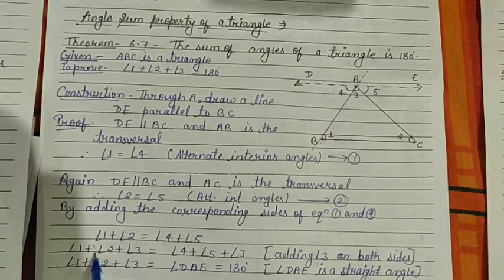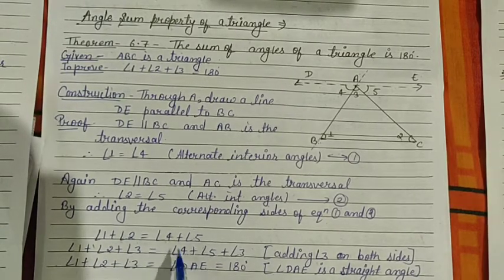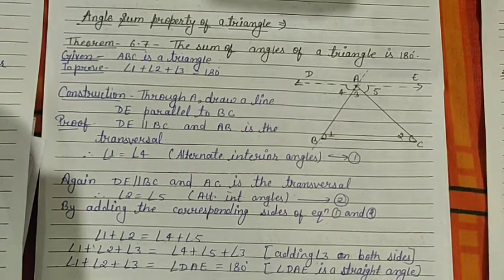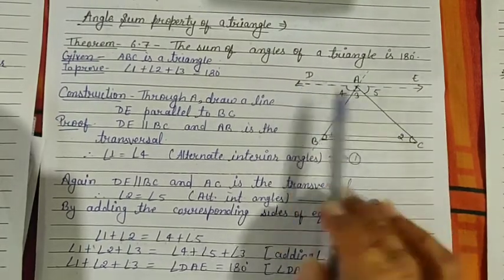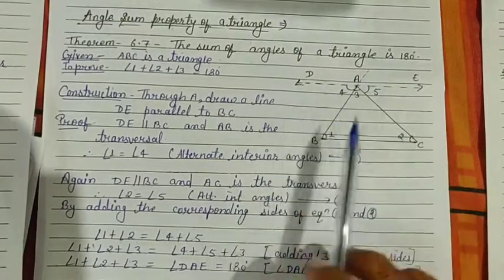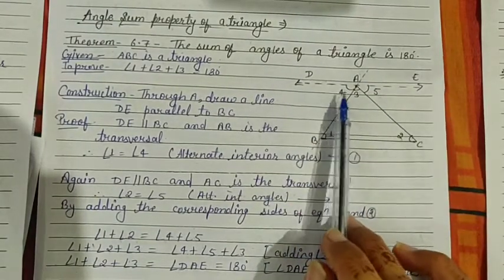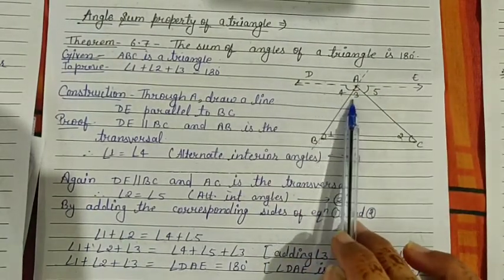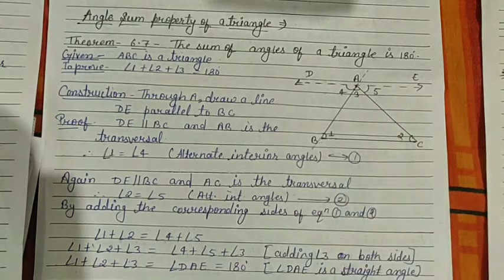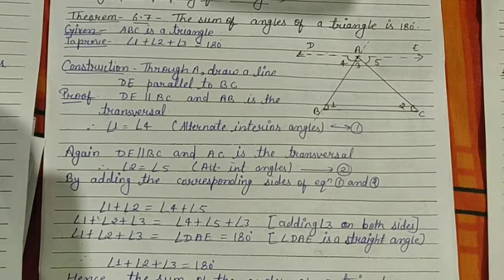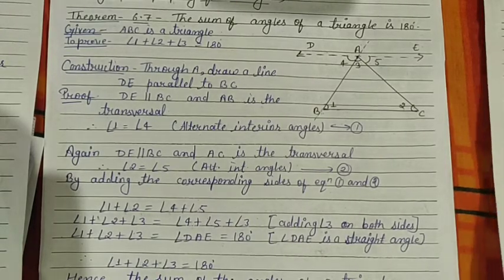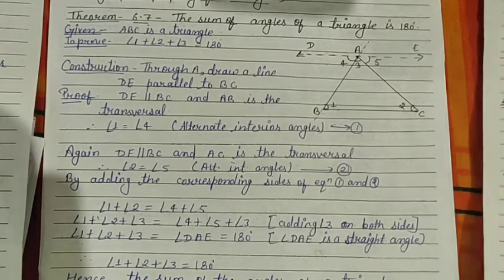Then I get angle 1 plus angle 2 plus angle 3 equals angle 4 plus angle 5 plus angle 3, and we know that angle 4 plus angle 3 plus angle 5 equals angle DAE, and DAE is a straight line, so angle 4 plus angle 3 plus angle 5 equals 180 degrees. So angle 1 plus angle 2 plus angle 3 equals 180 degrees. Friends, this is the angle sum property of a triangle.